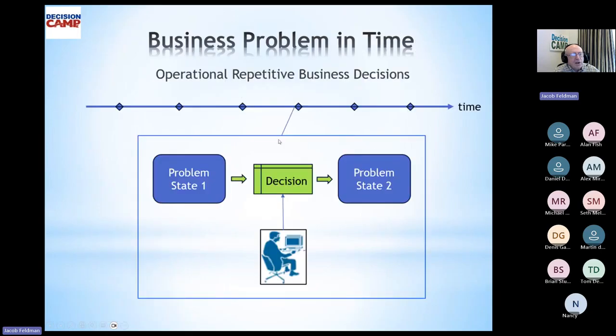But in reality, we apply this decision only at one point in time. If we consider that we're dealing with operational, repetitive business decisions, we actually have an entire timeline, and at each point we apply a decision, and our problem is in a different state.